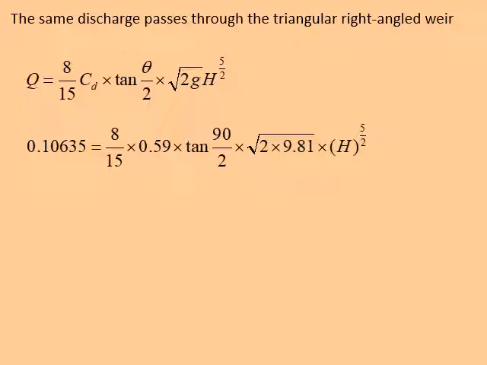Since it is a right angled notch, theta is equal to 90 degrees, so tan 90 by 2 into square root of 2 into g (9.81), and the head is unknown. I want to calculate this head over the triangular notch. By simplification of this expression, we get the head over the triangular notch as 0.3572 meter. So this is the solution for this numerical.